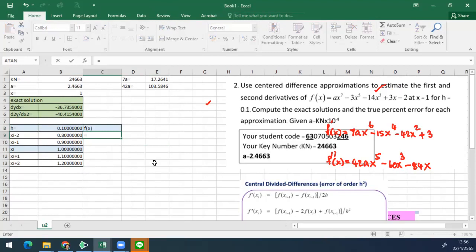Okay, fx is equal to a times x power 7 minus 3 times x power 5, minus 14 times x cubed over 3, plus 3 times x, minus 2, right? Okay, am I correct? Should be all right.